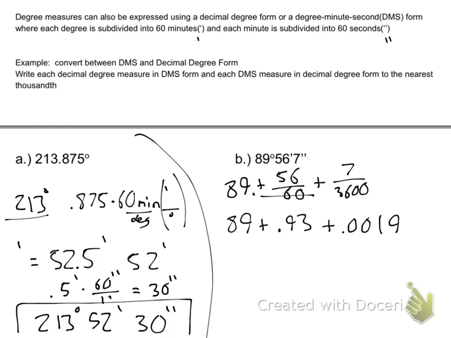And when you guys put those all together, 89.9319. Now you're back to all degrees. So it's actually not too bad going from one direction to the other. Either I'm multiplying by 60 every time, or just dividing by 60. Any questions on that?